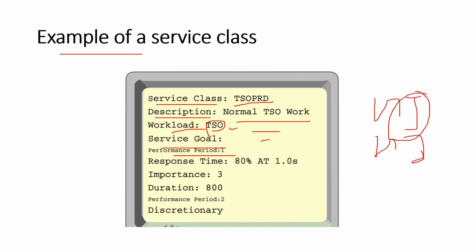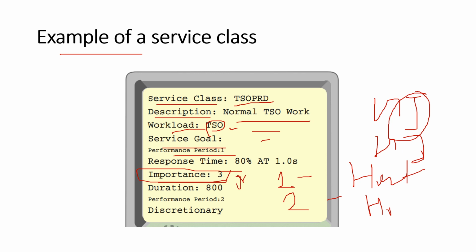We need to mention here that the importance is 3. That is what we call the goal importance value. It is specified by a number: if the importance is 1, it is the highest priority; 2 is high; and here in this example 3 is mentioned, which means medium.